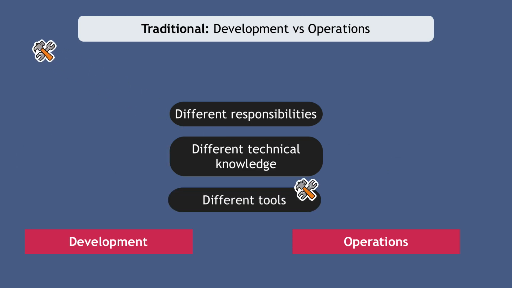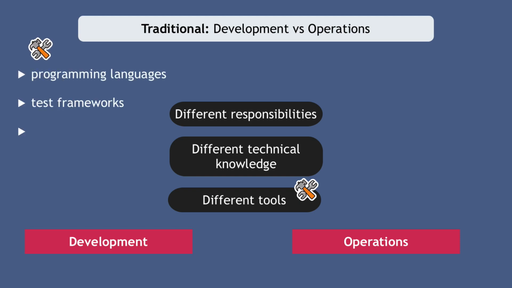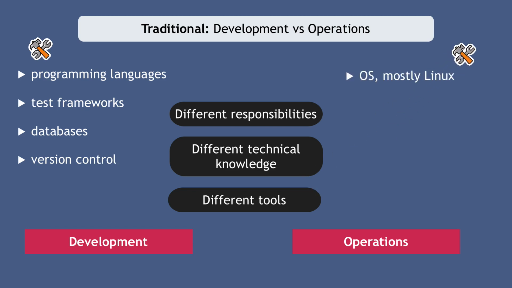The software development side is knowing programming languages, testing frameworks, databases, and so on. On the side of IT operations, it's more the operating system, mostly Linux, command line tools, scripting, meaning writing automated scripts for the operating system and the servers, and monitoring tools that allow them to monitor if something happens to the IT infrastructure, and so on. So a completely different tool set.